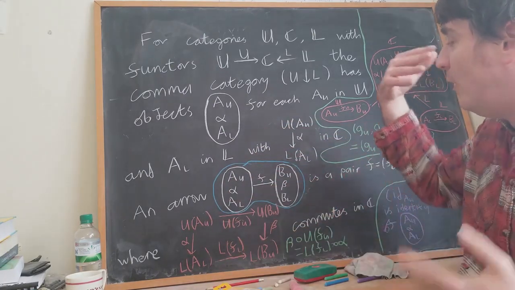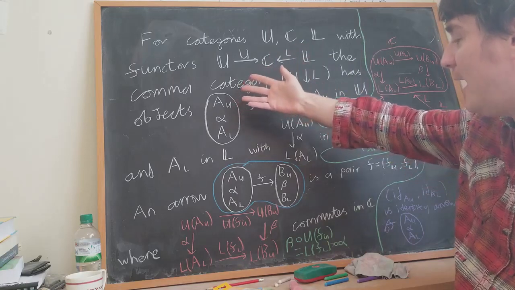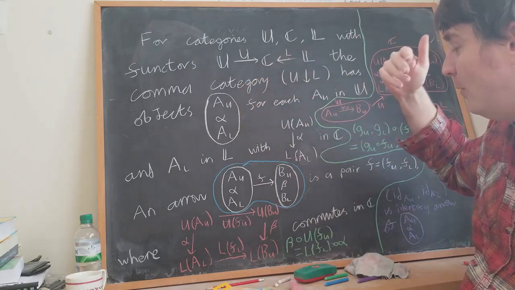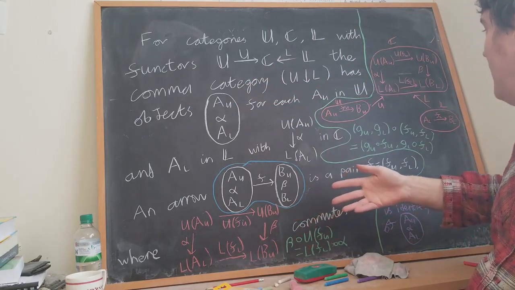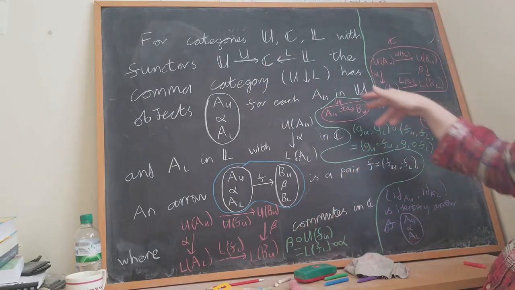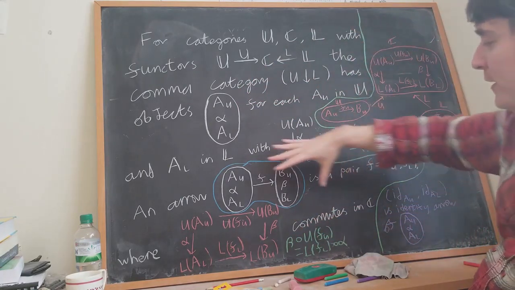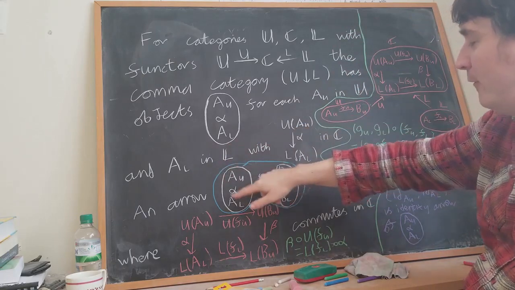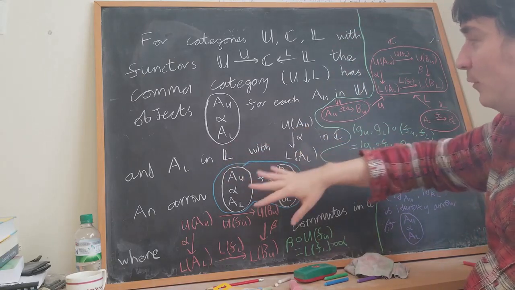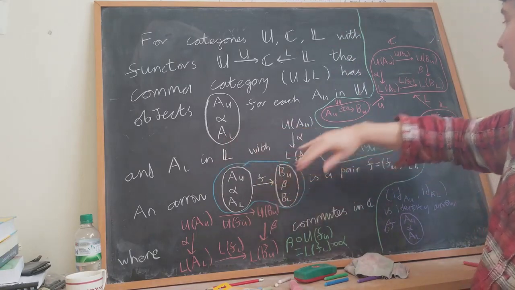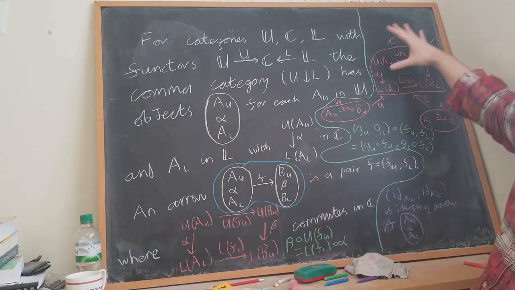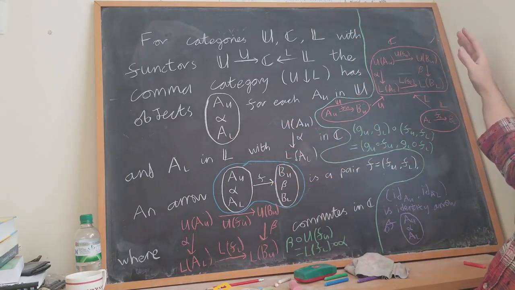Okay, so now we know what the objects are of the comma category, and we know what the arrows are. And so here's a picture where we can see what an arrow F from one of these triples to another of these triples, an arrow of the comma category, looks like in this category C up here.